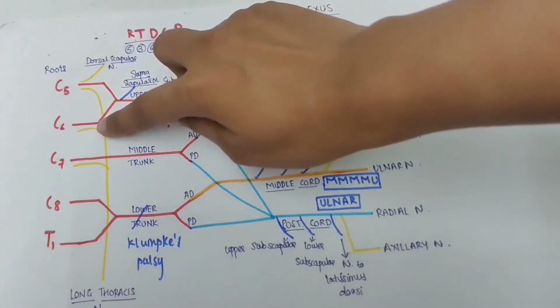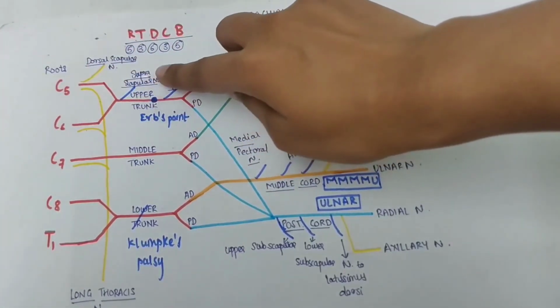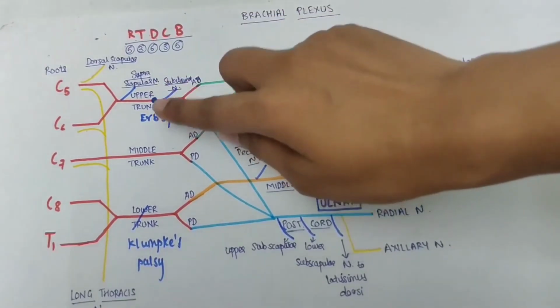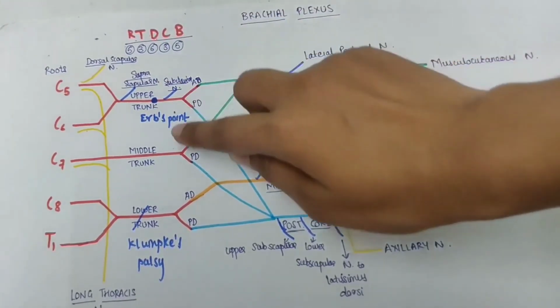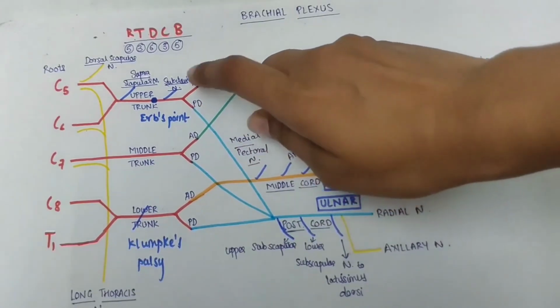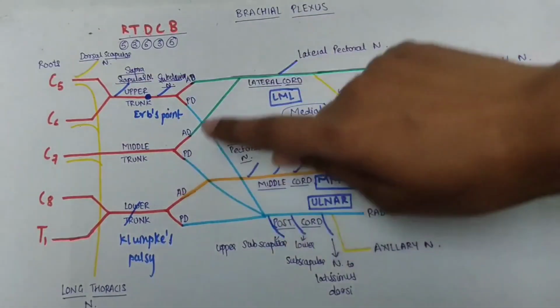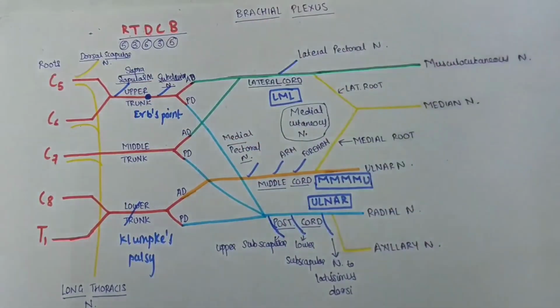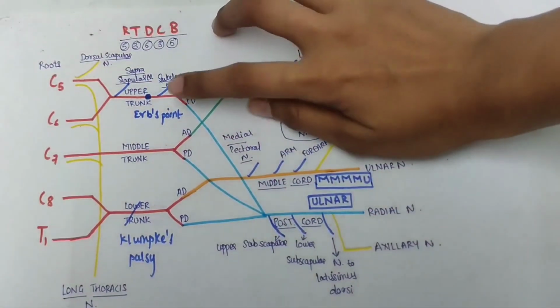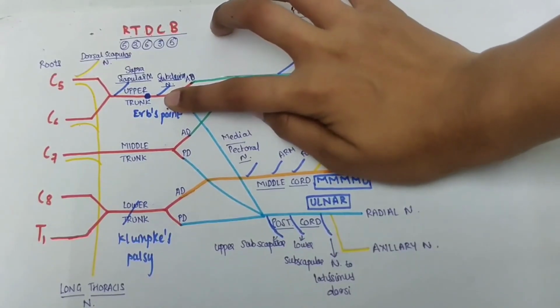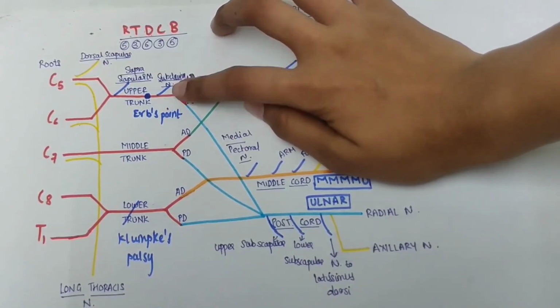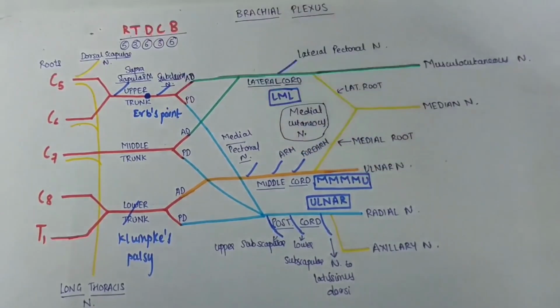So there are 1, 2, 3 for the suprascapular nerve, 4 for the subclavius nerve, 5 for the anterior division, and 6 for the posterior division of upper trunk. So the point where all these six nerves combine is called Erb's point.